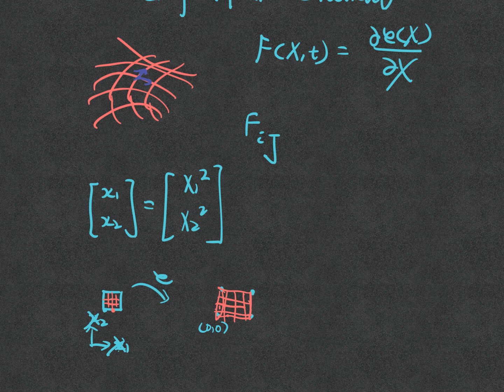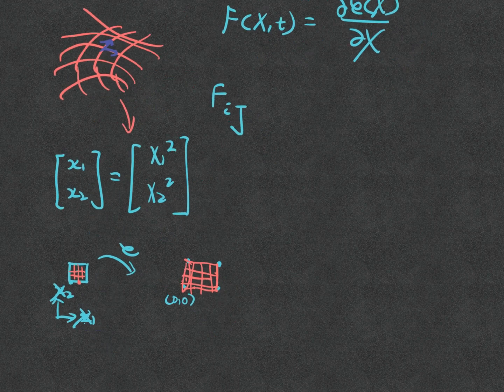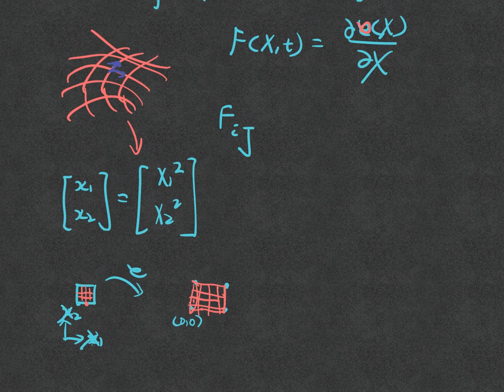The deformation gradient is an approximation of this mapping, which is nonlinear, but the approximation is linear. So if I want to approximate that, I would compute this as a function of x. This one gives me an index of i, this gives me an index of j, right?